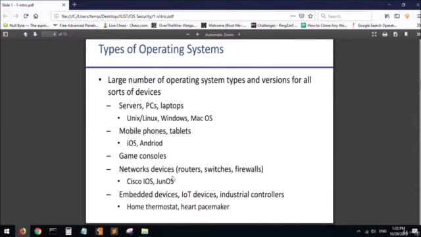For network devices like routers, switches and firewalls, there is Cisco IOS. The I here is a capital I, but for Apple it is a small i. So Cisco IOS, and Junos for Juniper devices. Embedded or IoT devices and industrial controllers, like a home thermostat or a heart pacemaker.